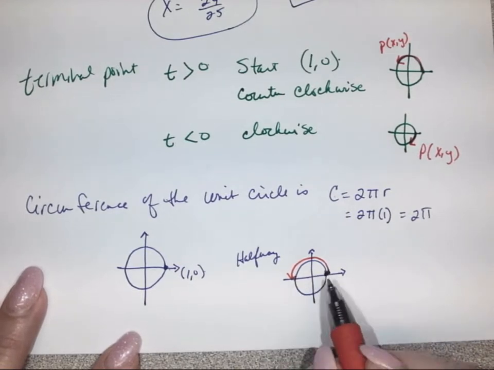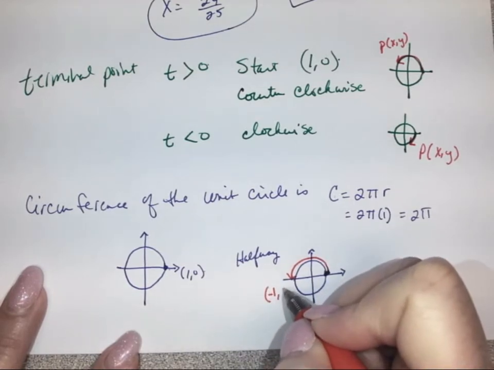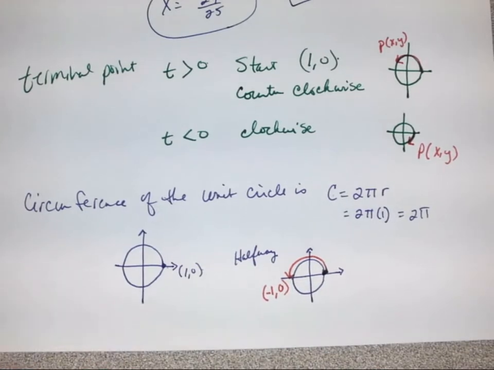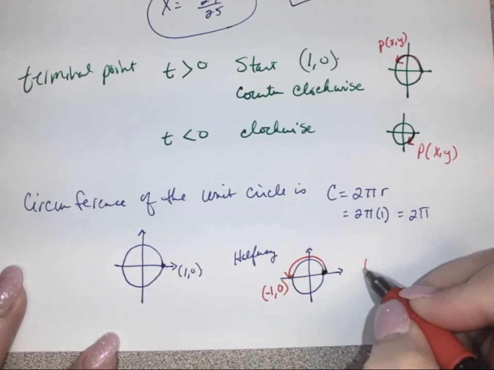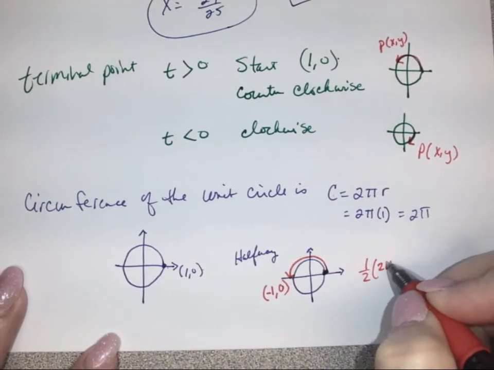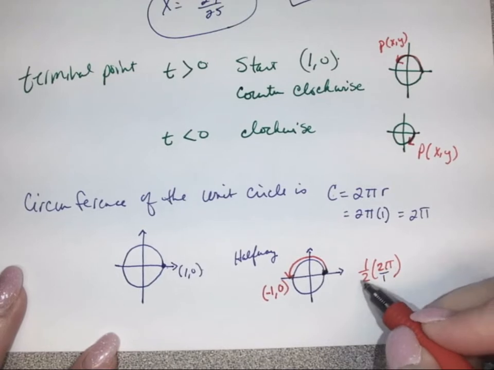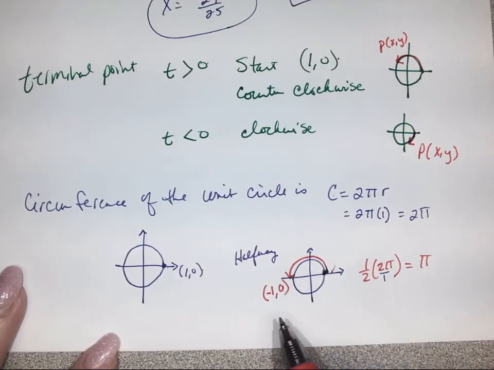It's still a radius of 1, so it will be negative 1 for the x. It's still an x-intercept, so it's negative 1, 0. And what is the distance that we go? Well, since we went halfway around, it's 1/2 times our 2 pi. You can always put that 2 pi over 1. The 2's would cancel, and we end up with pi. So halfway around our circle is pi.